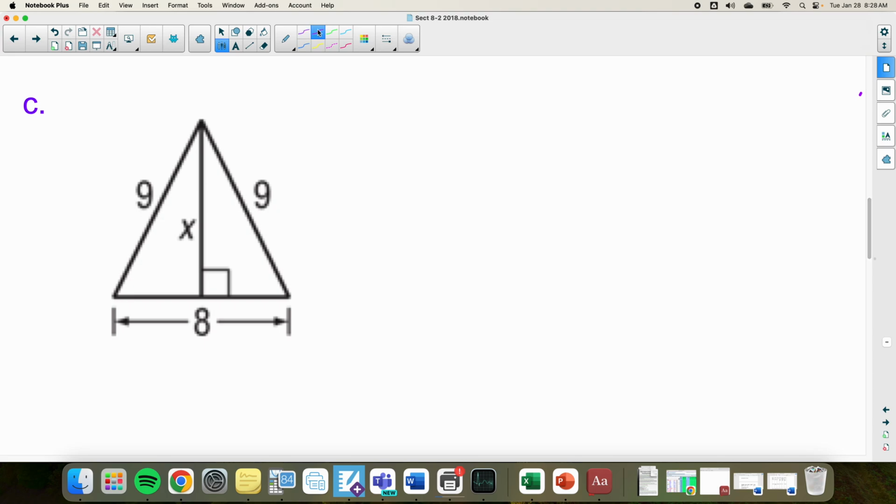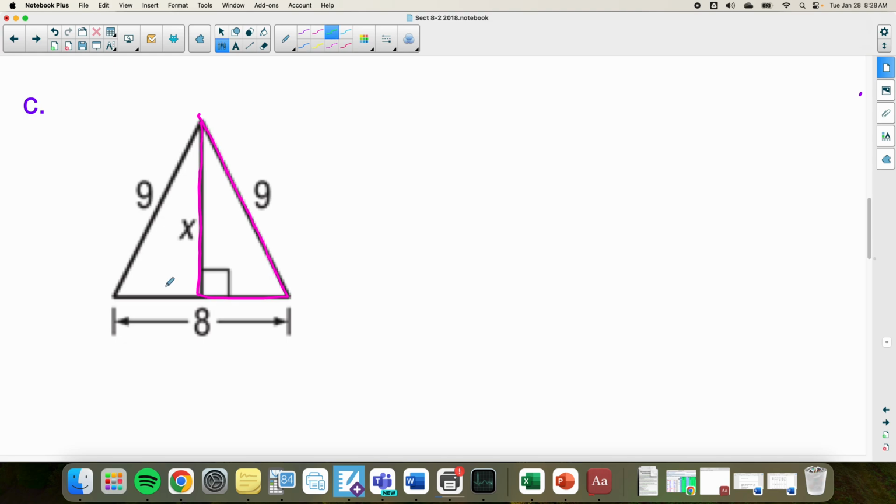Now, one thing to keep in mind is you can only use Pythagorean Theorem in a right triangle, okay? So I never could do it for the outside triangle here. Say that 8 was an X, I can't do it. It only works if you have a right triangle. So I'm gonna use this. And then in this diagram, these two triangles end up being equal or congruent.